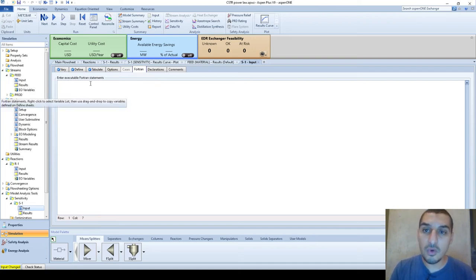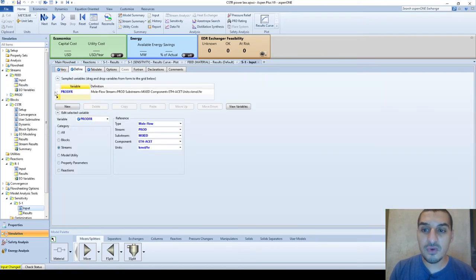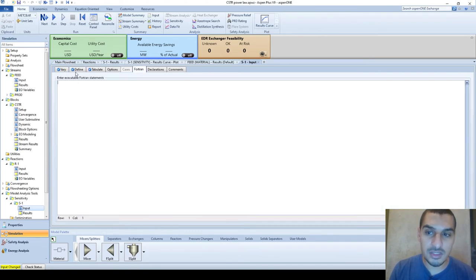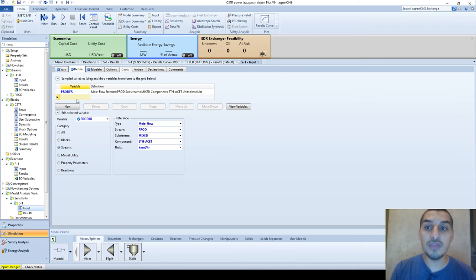So what we are going to do is write this equation here, but all the parameters that we will use in the calculations have to be defined here in the define tab. I don't have any of them here. All I have is the product flow rate of the ethyl acetate, so it has nothing to do with the limiting reactant.